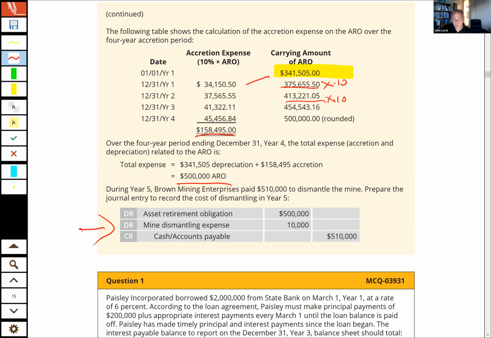Now, what I don't understand from the federal government standpoint is I'm wondering how good of a job they do in helping companies to estimate what the cleanup cost is going to be.